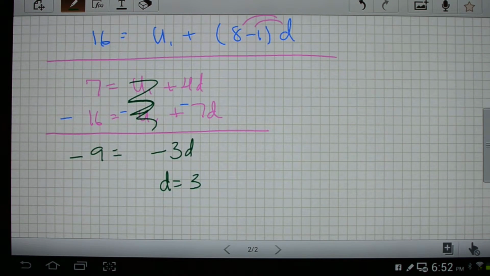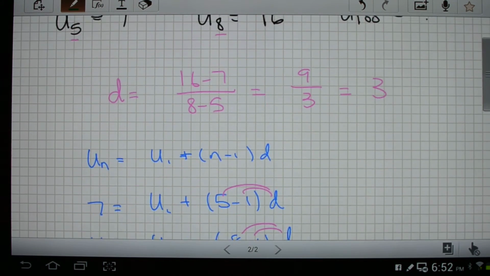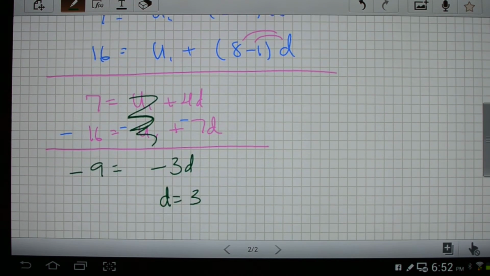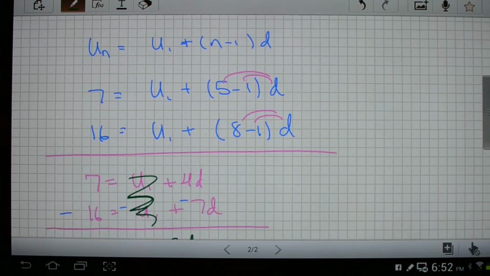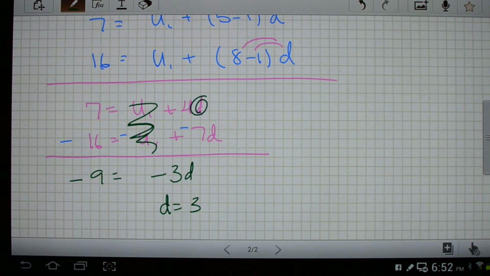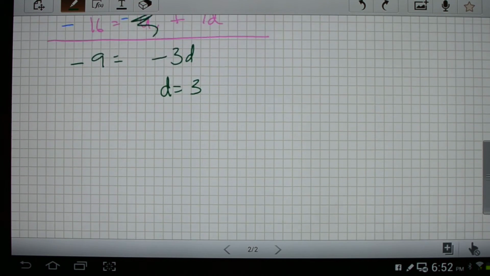But that's not difficult because now that we have these two equations, we can plug the common difference into either this one right here or this one right here and find out easily the U1. Let's see.